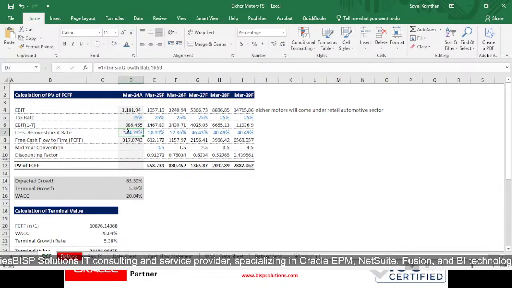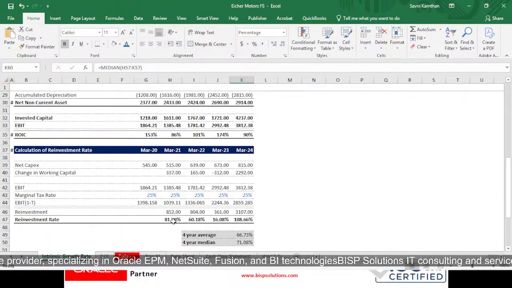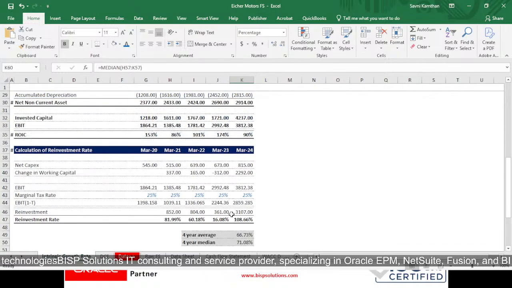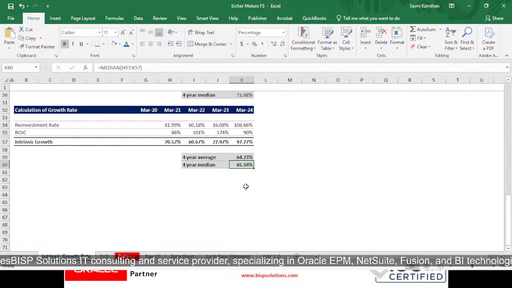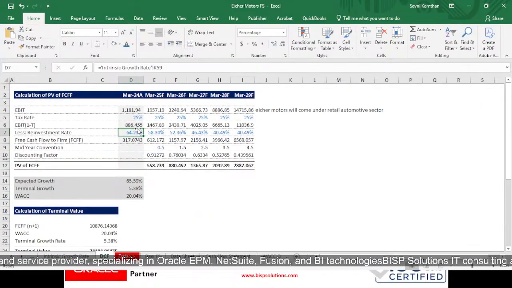Then I will be reducing my reinvestment rate, which I have taken from my intrinsic growth rate. Reinvestment rate is this, right? Reinvestment rate is 64.23%, right? How I have taken it from here, because in my intrinsic growth, I am getting my growth as 64.23%, right?